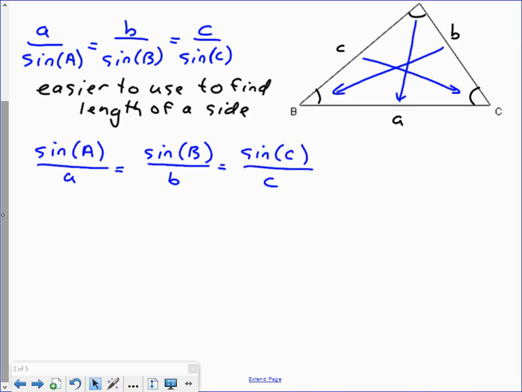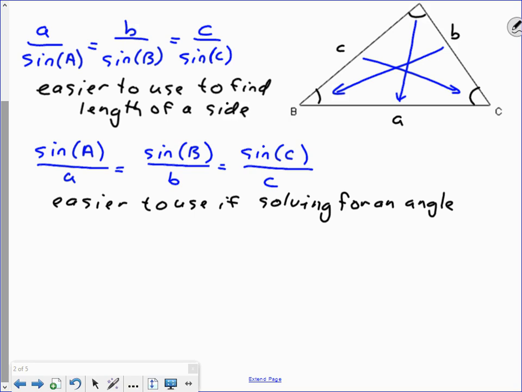This form is a little bit easier to use if you are solving for an unknown angle. In actual fact, you can use either form to solve for either a side or an angle. Choosing the appropriate one just makes the algebra a little bit easier.